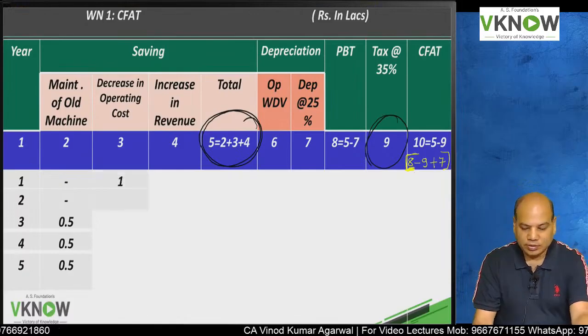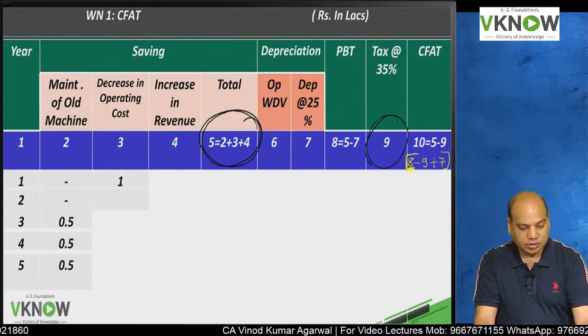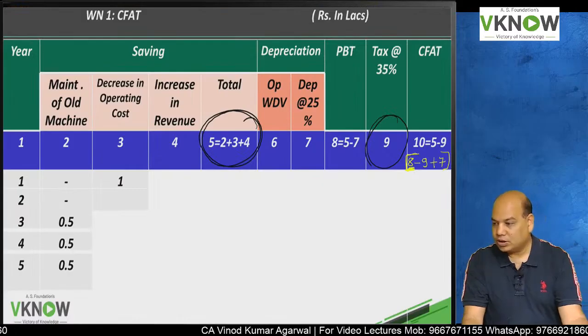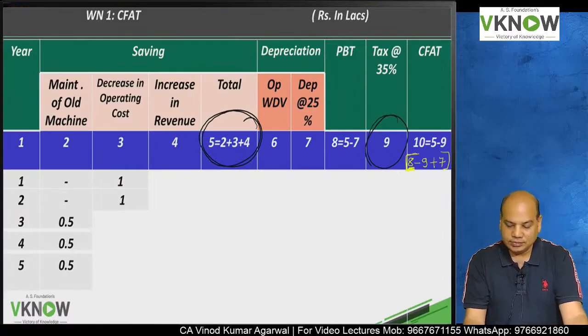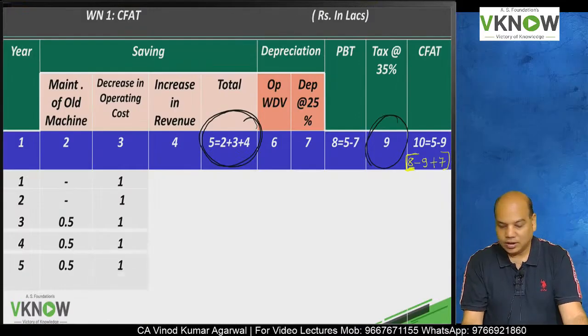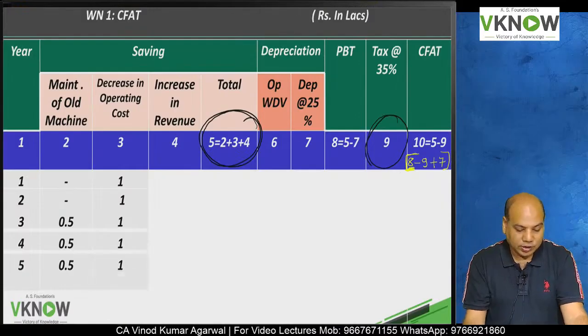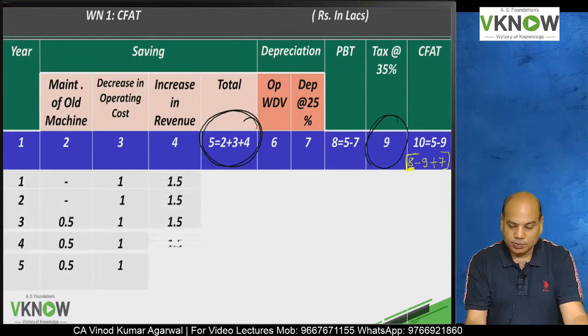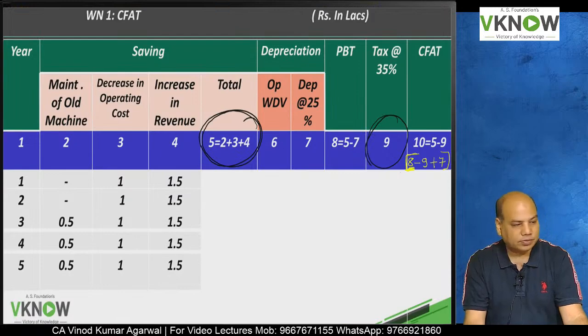Then we will write decrease in operating cost. Operating cost will decrease every year by 1 lakh. This is a constant 1 lakh, and my revenue will increase, from the last fourth line of the question, by 1.5 lakh. Keep the question in front of you.